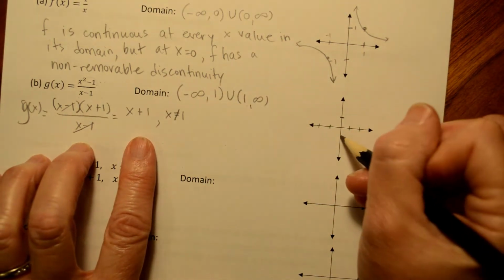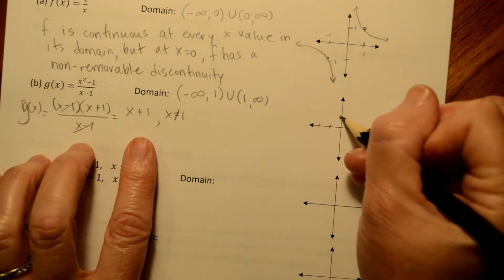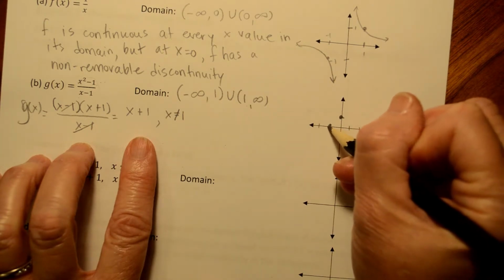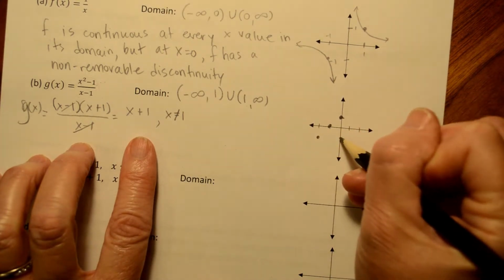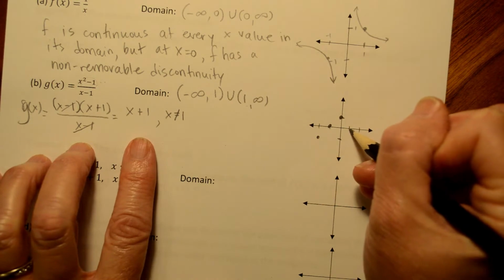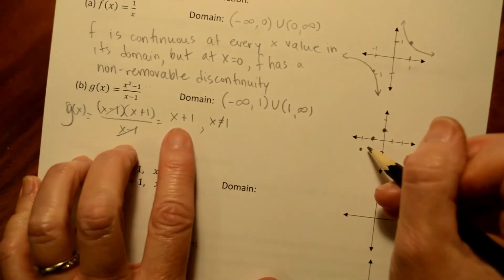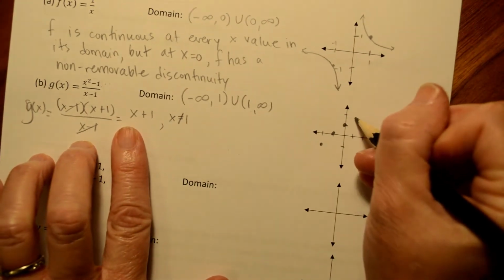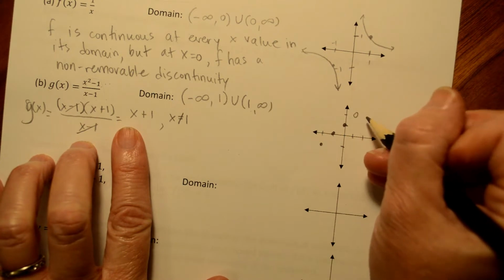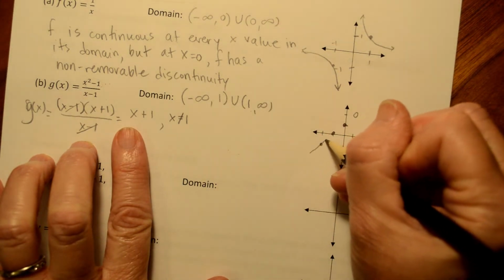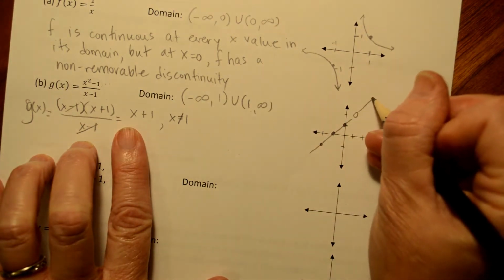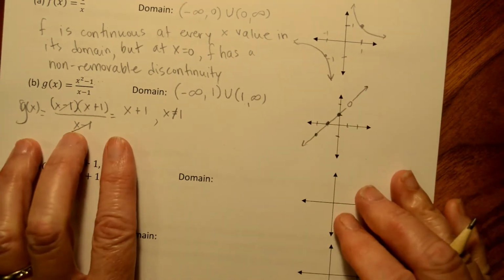All right, so I would put that value right there, there, there, and then here at 1, it wants to be 2, but again, we have to put a hollow dot right there to indicate that we can't actually achieve that value. And so it would look like that.